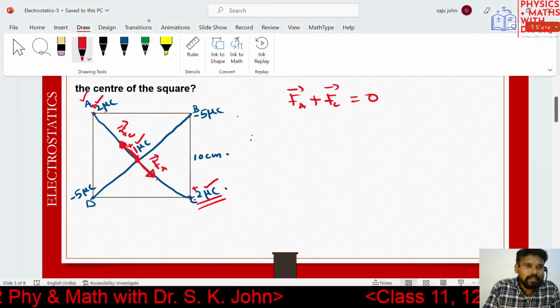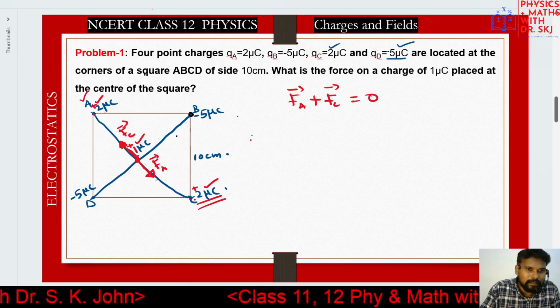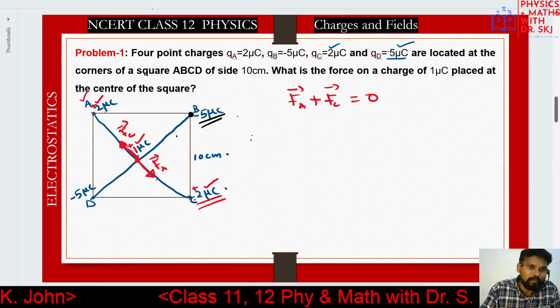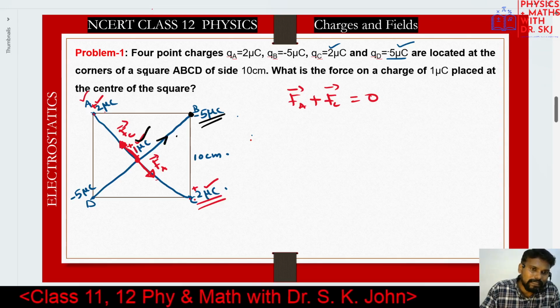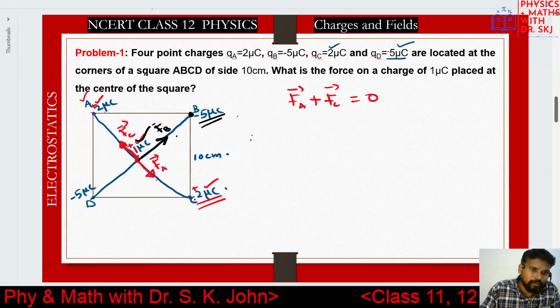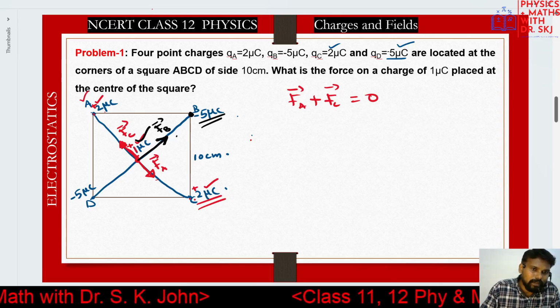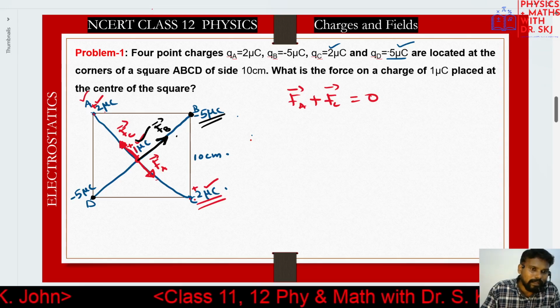Similarly, if you consider the other two charges, the charge at B is minus 5 microcoulomb charge, so it will attract this 1 microcoulomb charge towards its side. This is its attraction. I will write it as FB. Opposite to this B there is D. At D there is a minus 5 microcoulomb charge.